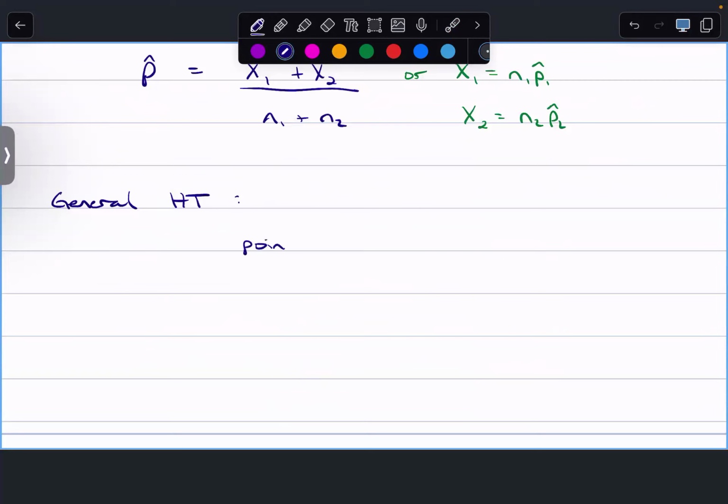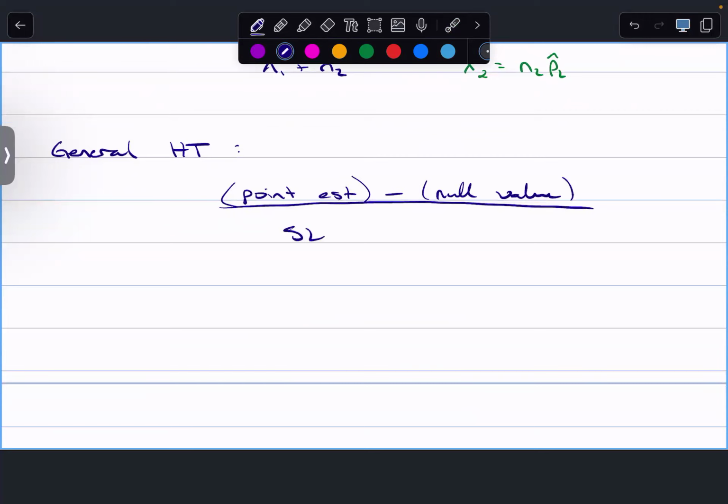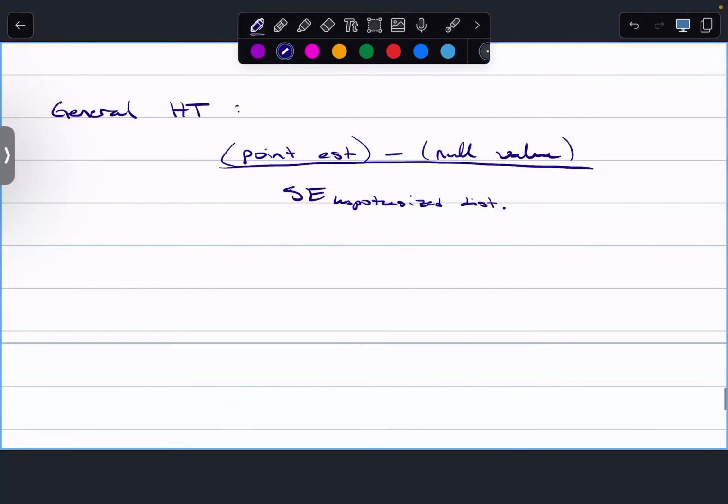You have your point estimate, minus the null value, divided by the standard error of the hypothesized distribution for a hypothesis test.